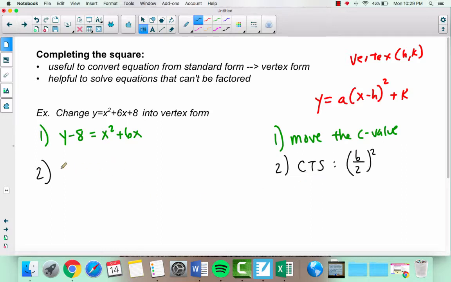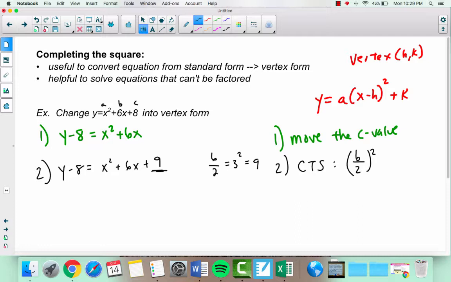Okay, so we have y minus 8 equals x squared plus 6x, and I'm looking for the last number. So we take 6, since that's our b value, remember a, b, and c, so 6 divided by 2, which is 3, and then square that, we get 9. So we're going to put a plus 9 here.